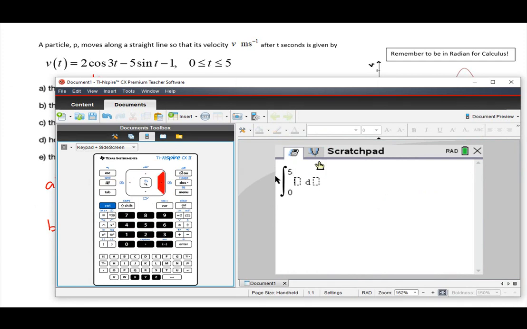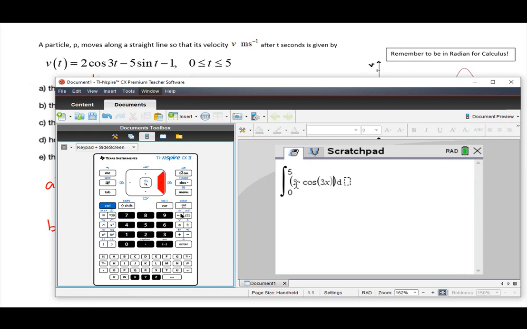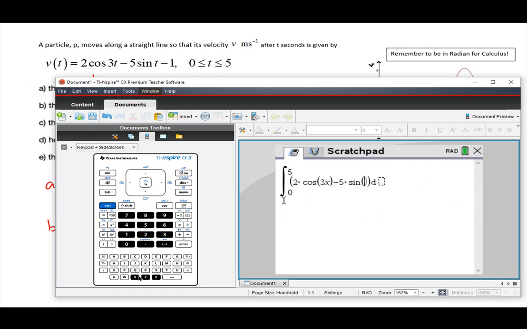Then all you need to do is type in the velocity function. So we have 2 times cosine, and make sure you're in radian, of course we're in radian, 3x, and then minus 5 times sine x, and then minus 1.